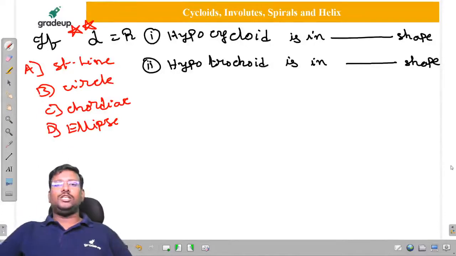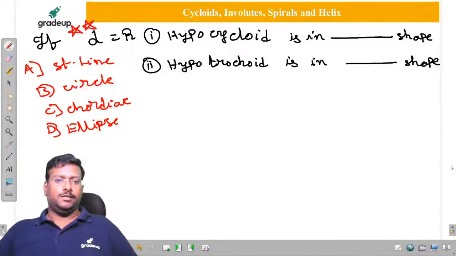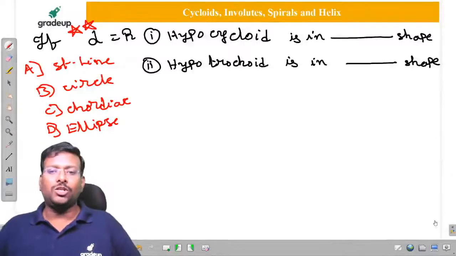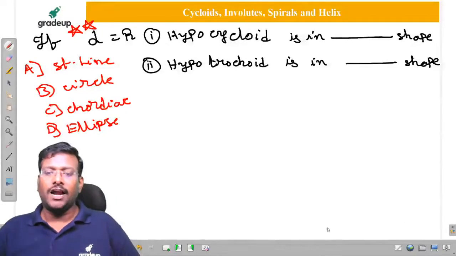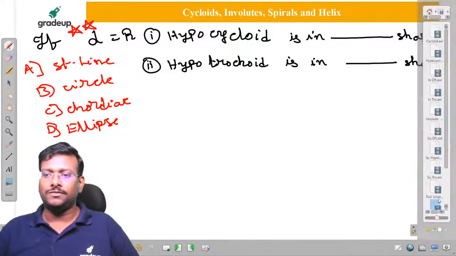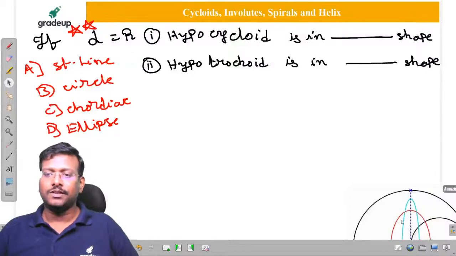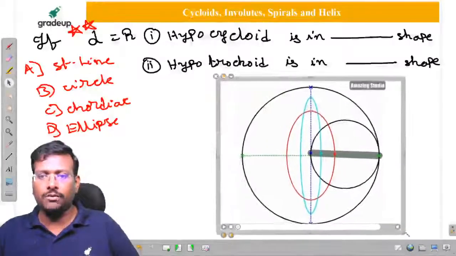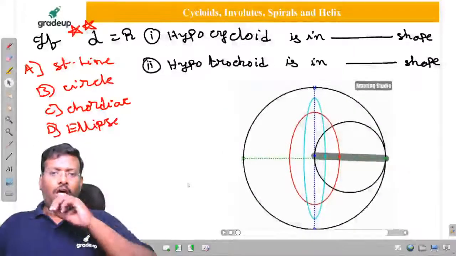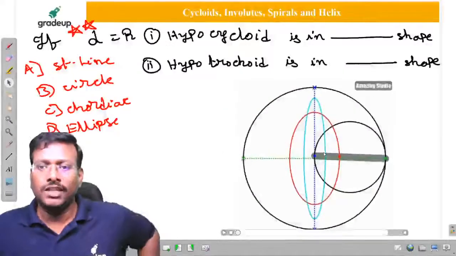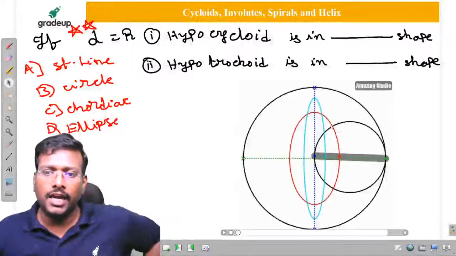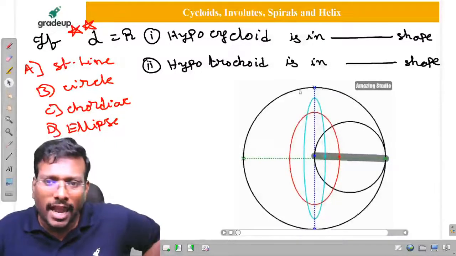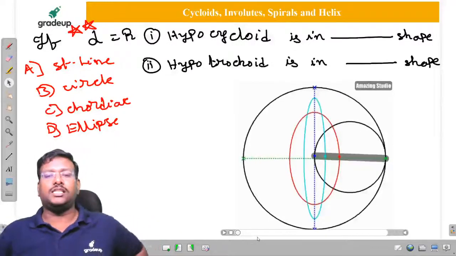My God, the first one is wrong. I will show it, my dear friends, just observe. Here, in this case, the inside black circle is exactly half the radius of the outside circle.